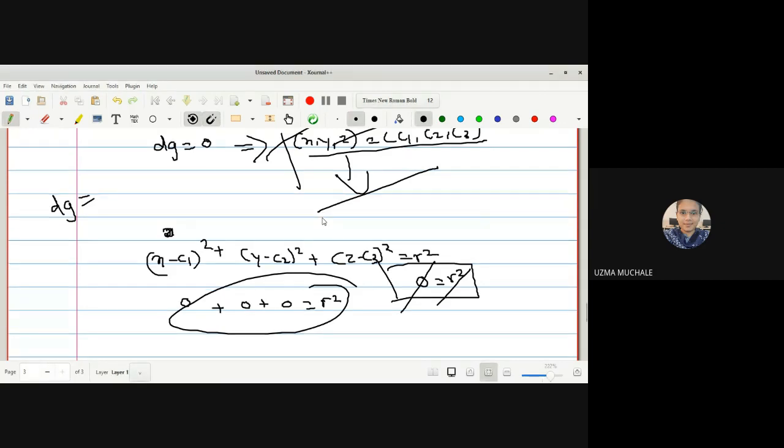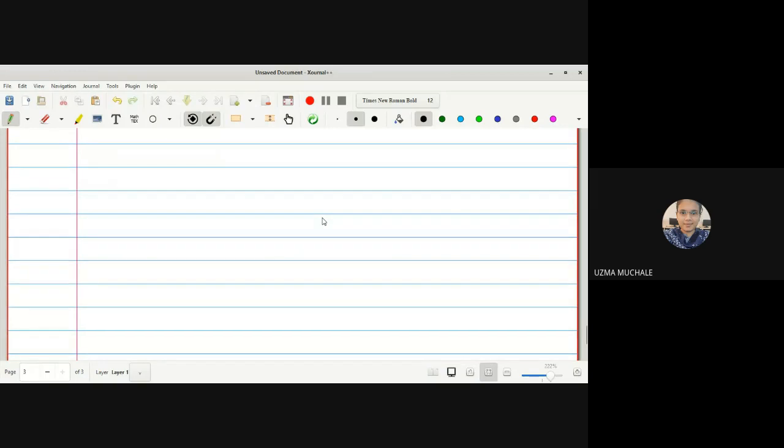Show that the cylinder is an example of a surface. Okay, no need to go with the definition.